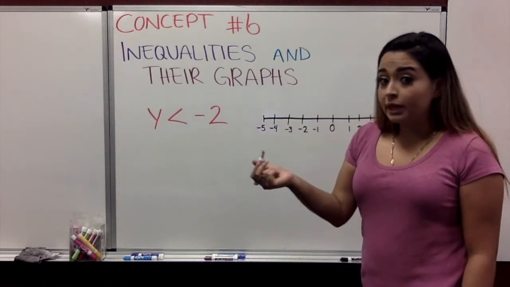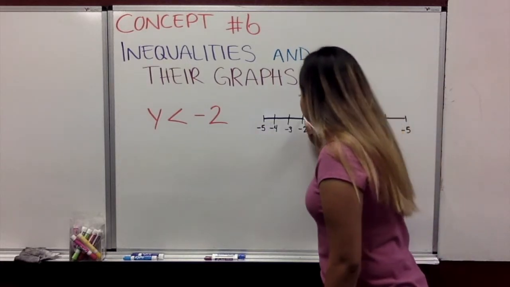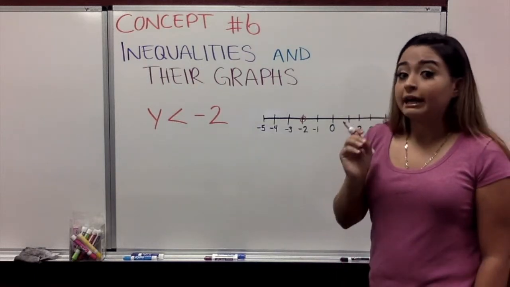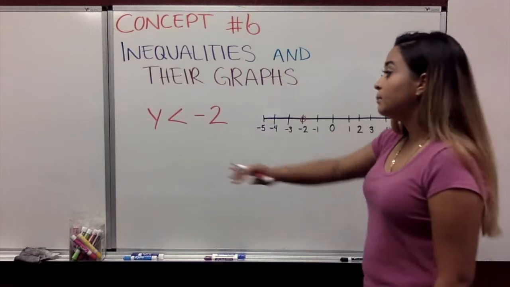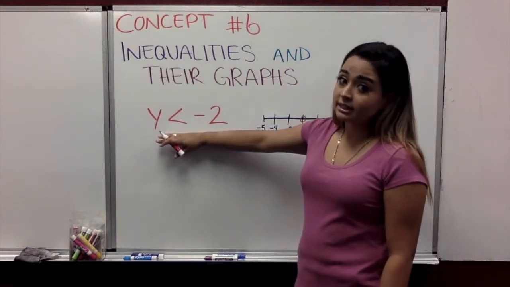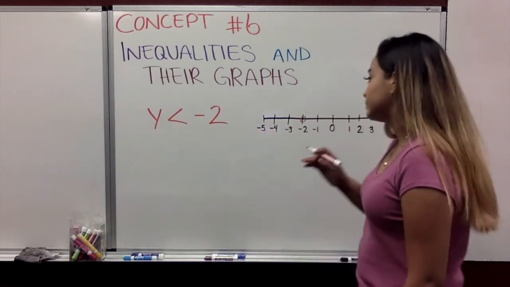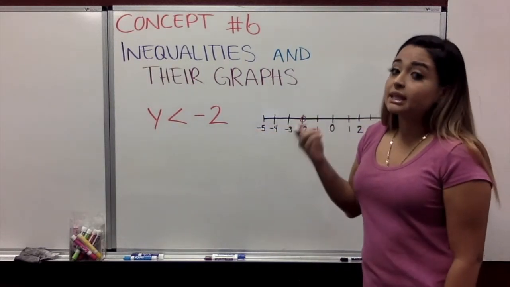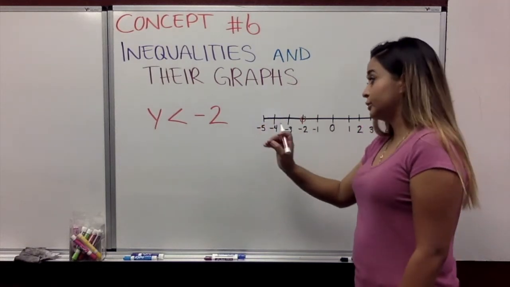So, to be able to graph this correctly, we're going to make a circle without filling it in. And keep that in mind because it is important. We will not be filling it in because the inequality sign is just less than. Now, again, we know this number is smaller or has less value than -2.